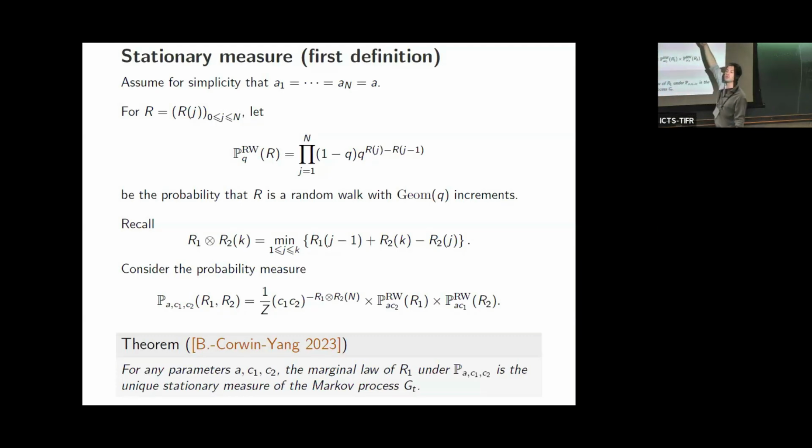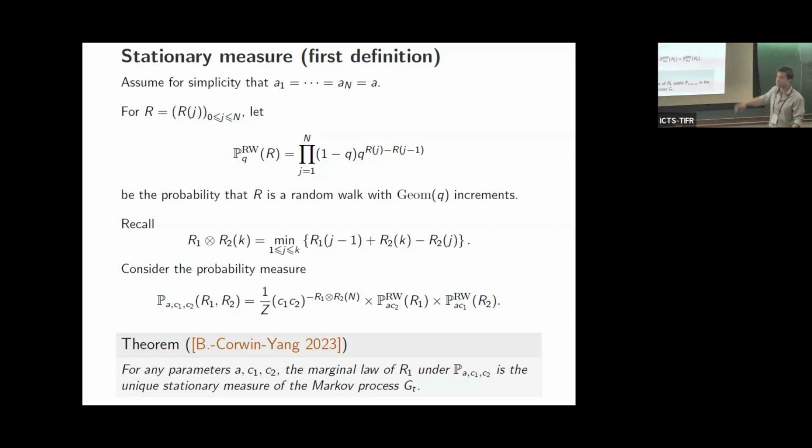The product of Q to the R of J minus R of J minus 1 multiplied by some normalization factor. Now, the second thing I need is the Pitman transform, R1 times R2, and this I already introduced.